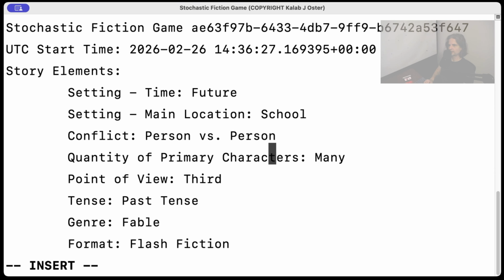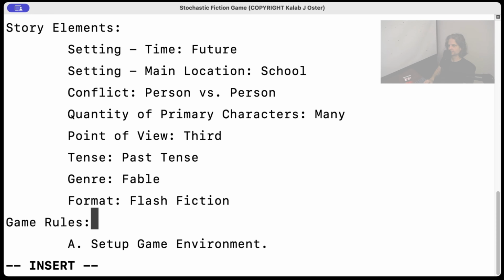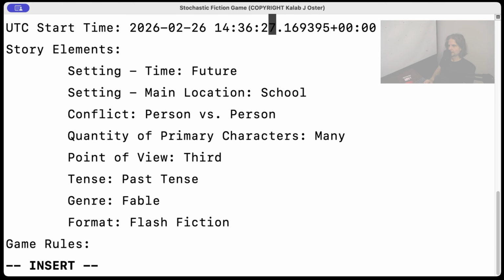Quantity of primary characters, many. Point of view, third. Tense, past tense. Genre, fable. Format, flash fiction. Whatever. I got two mice, they're in the classroom.